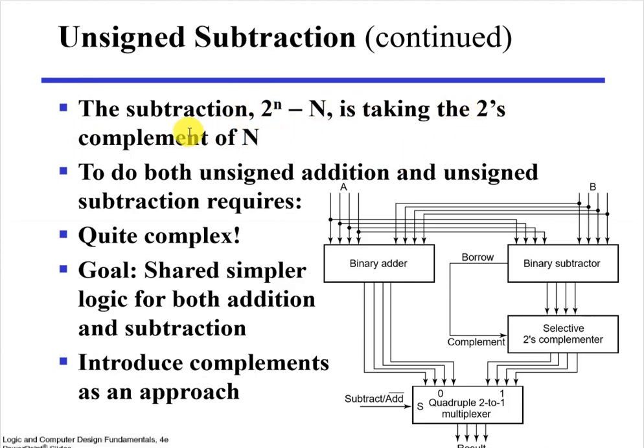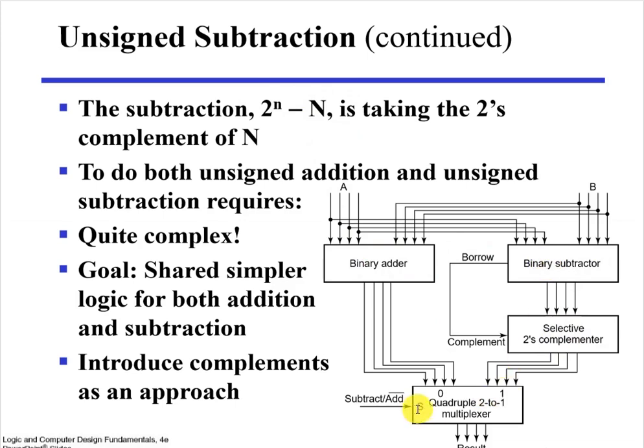If you want to implement this adder-subtractor in a circuit, for example, if we wanted both unsigned addition and subtraction, then we may need to build a sophisticated or complex circuit. The circuit has a separate adder and subtractor, and also a circuit that performs 2's complement.